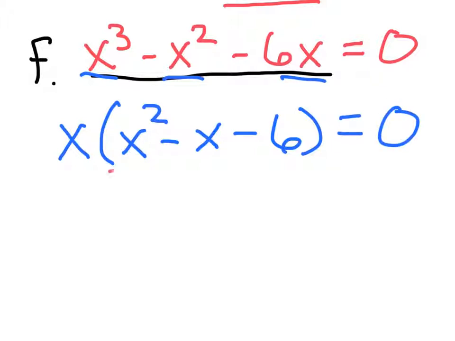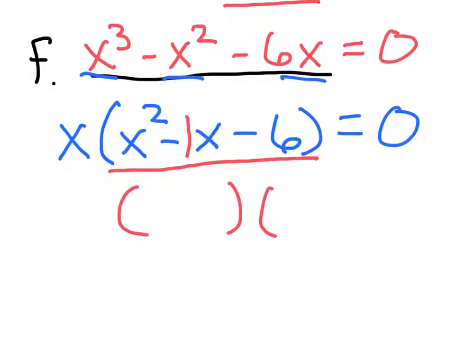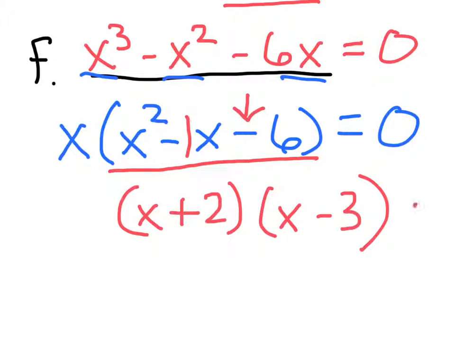It's almost factored. Now I can factor this. Remember, there's really a 1 right here. I'm going to have x times x to get the x squared. Now this tells me that the signs are going to be different. The factors of 6 that get me to negative 1 are 2 and 3. And don't forget this x is out front there.